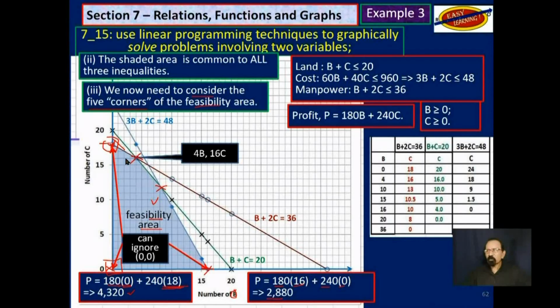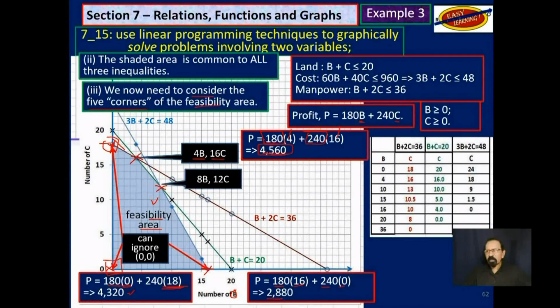So let's consider this one here, 4 barley and 16 corn. We calculate the profit and we get $4,560. Remember, 180 for barley and 240 for corn. So if we take 4 barley and 16 corn, this is the profit we will get.